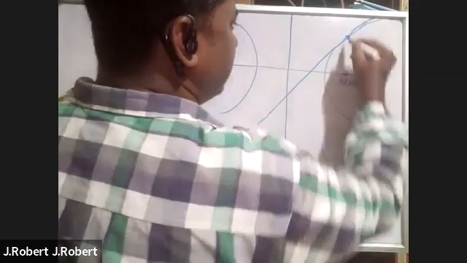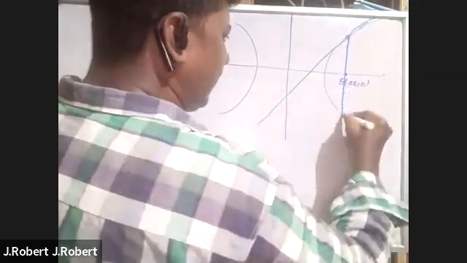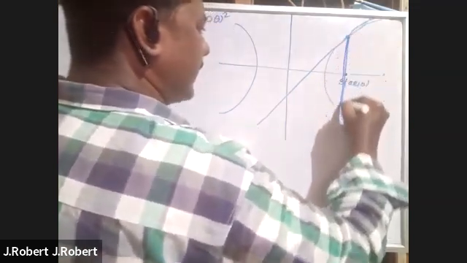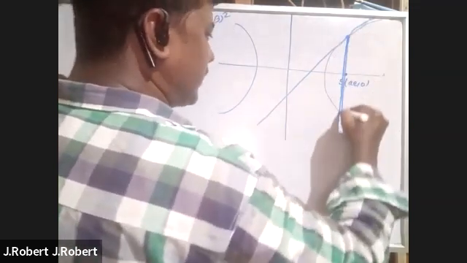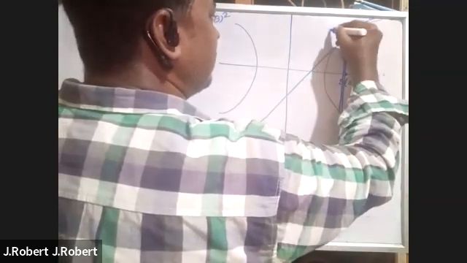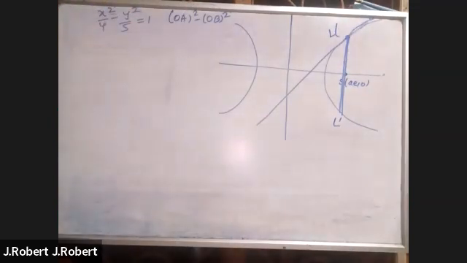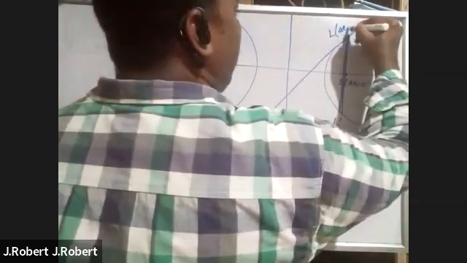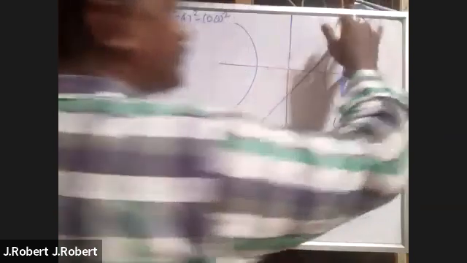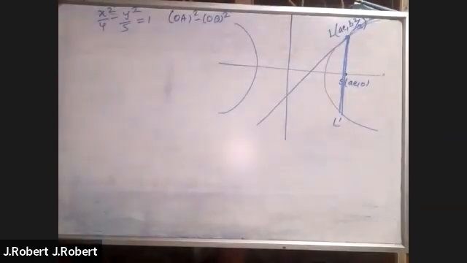So this is the length of the latus rectum. Let us take this as L and L dash, the extremities of the latus rectum. The point is (ae, b square by a). That is the point of contact of the tangent.